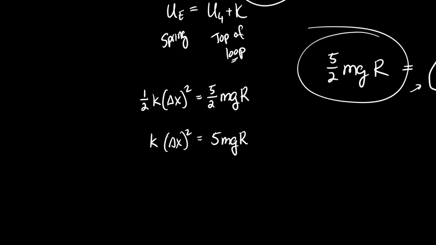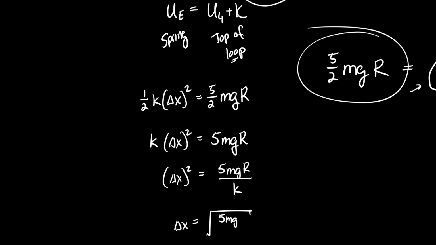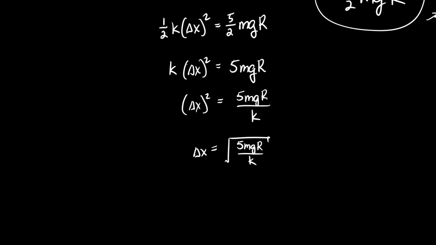Divide both sides by K to isolate delta X. I'm going to take the square root of both sides. It's a lot of algebra, but it's really not that much algebra.